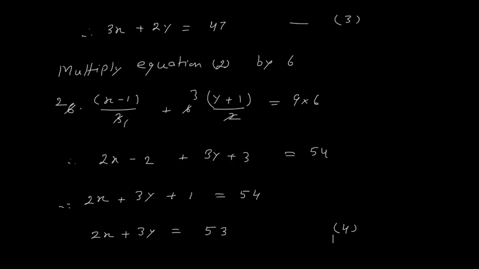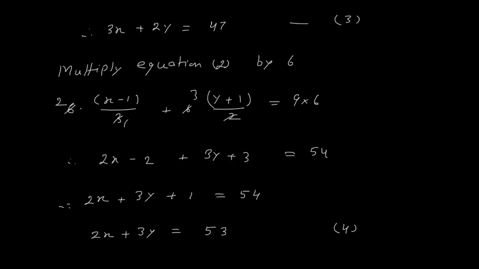For such questions, we add those equations, then subtract one equation from the other, and then we again add. This is the simpler way to solve the problem. You can use any other method also.